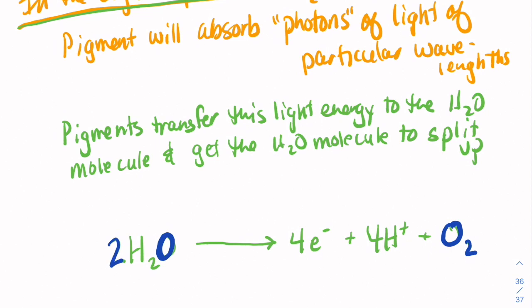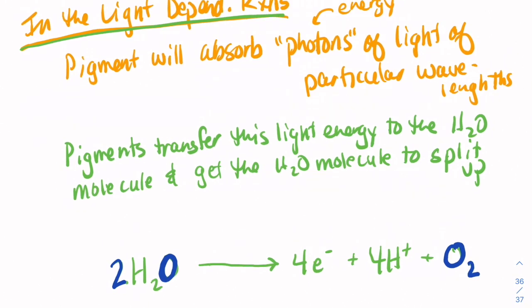Does this look at all familiar? Because it's basically the reverse of what happens at the end of chemiosmosis when oxygen takes on 4 protons and 4 electrons to keep that gradient going, and you put them together and you get water molecules. The opposite is happening, and it's the first thing that happens in photosynthesis in the light-dependent reactions.